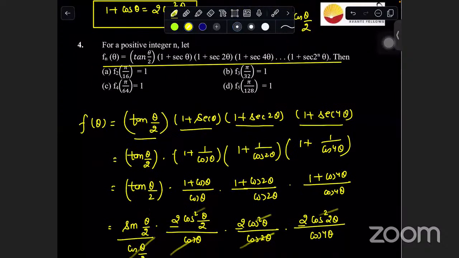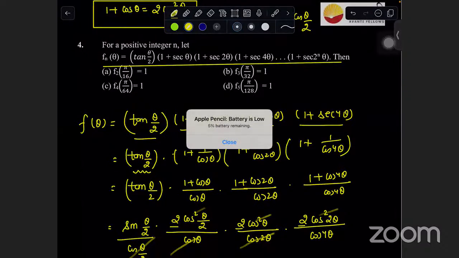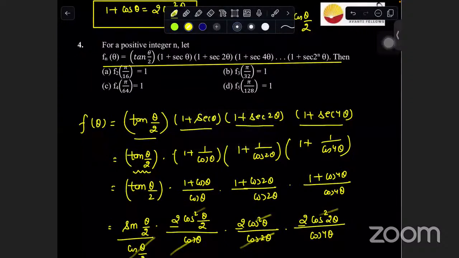Now, tan(theta/2) as it is, 1 plus sec theta will be 1 plus 1 upon cos theta, 1 plus sec 2 theta will be 1 plus 1 upon cos 2 theta, and 1 plus sec 4 theta will be 1 plus 1 upon cos 4 theta. As of now, I did nothing. I have just replaced sec x by 1 by cos x.